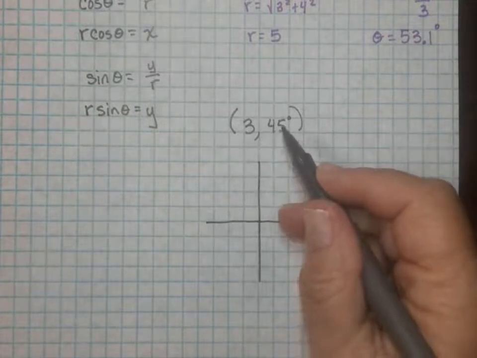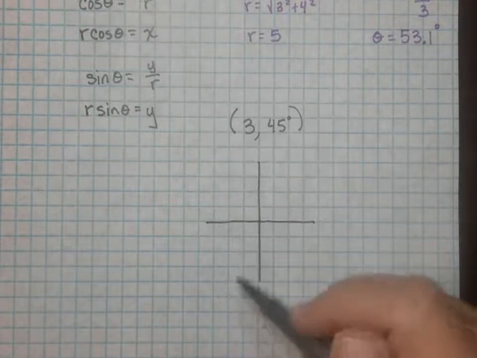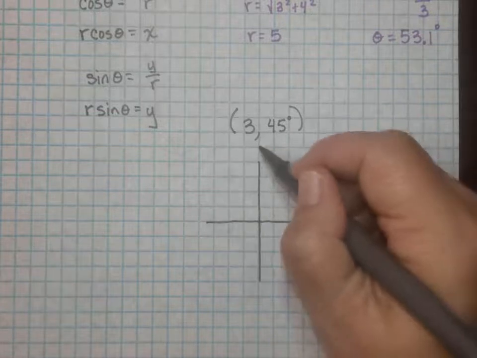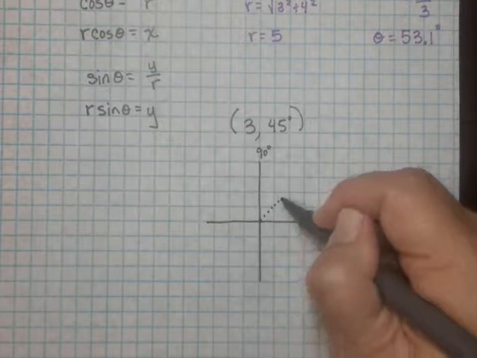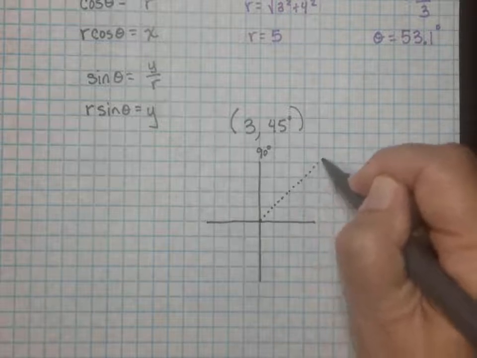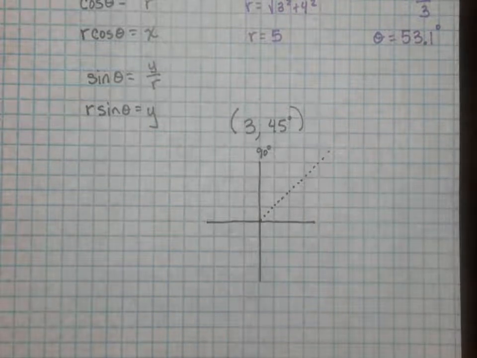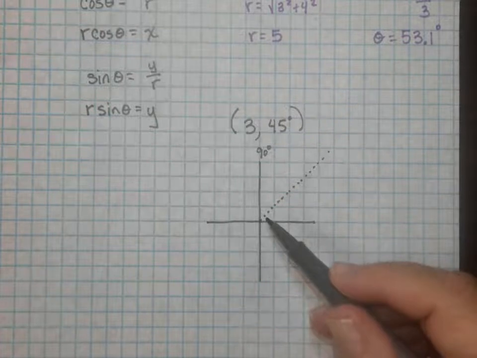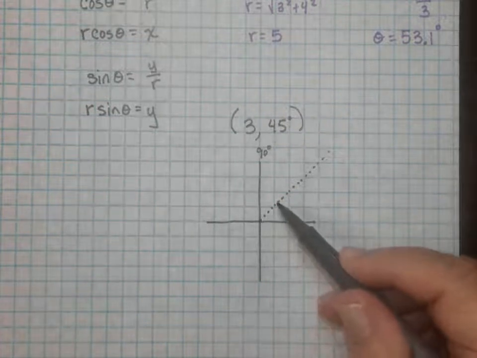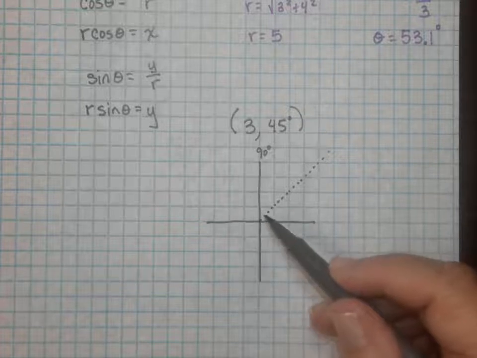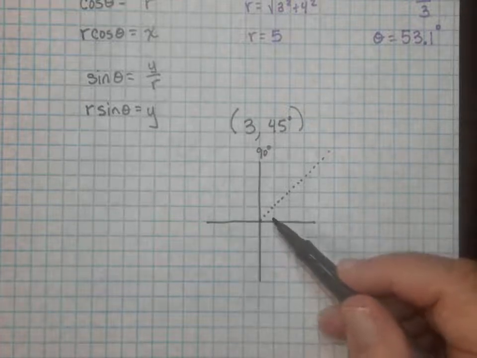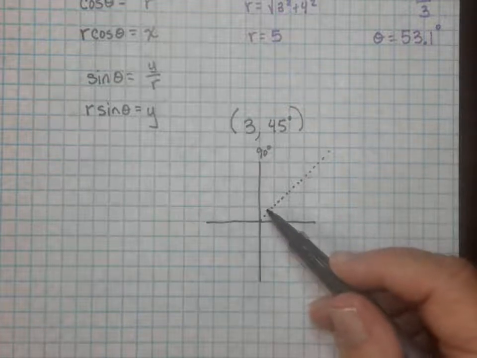Again, you're going to start with your degrees. This is 90 degrees up here, so 45 degrees is on this path, right? And then we need to go out 3 units. Well, remember, on your diagonal, that's not 1 unit, because this is 1 and this is 1, so this is actually the square root of 2.